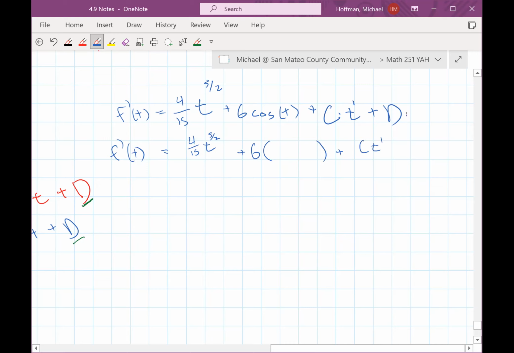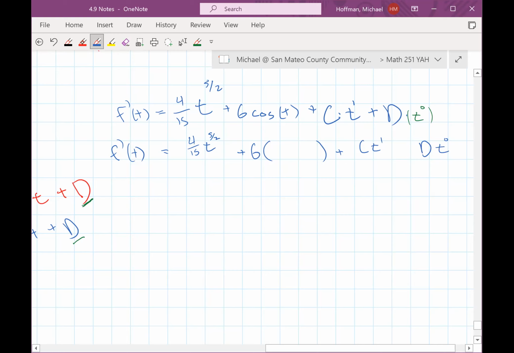This is kind of like a t to the 0th power here. You remember t to the 0th power is equal to 1, so it's kind of there. I'm going to write it here as d times t to the 0th power.